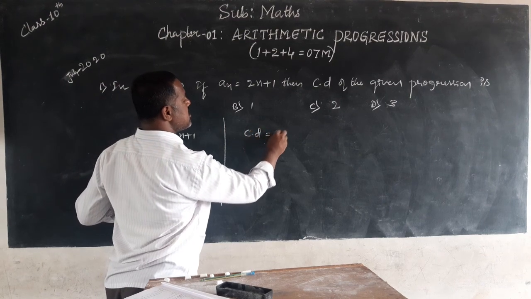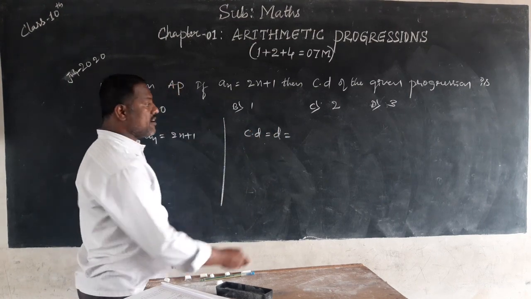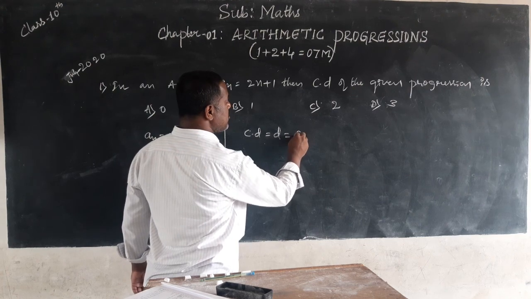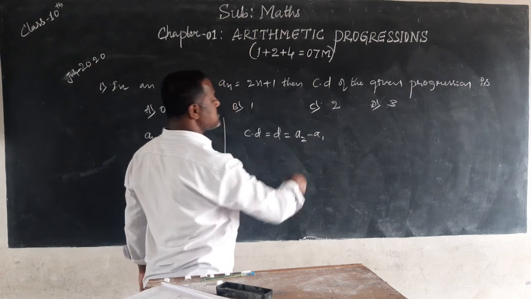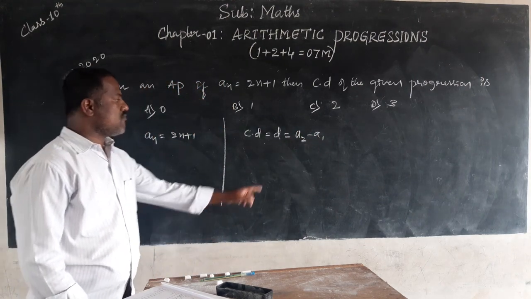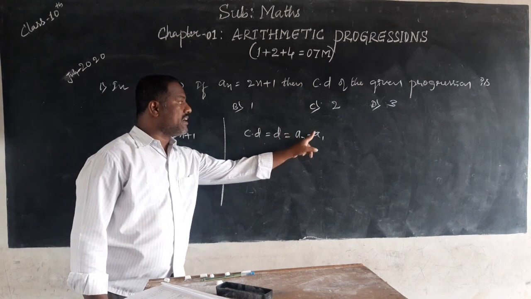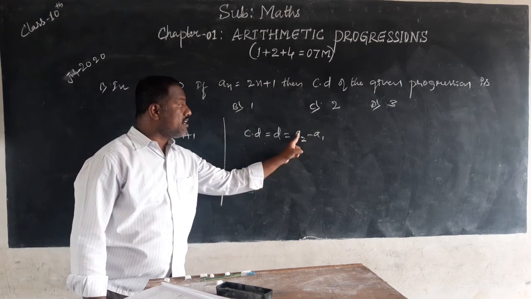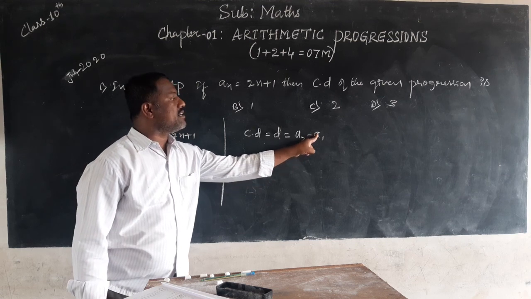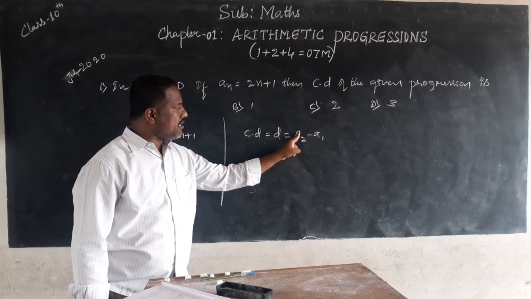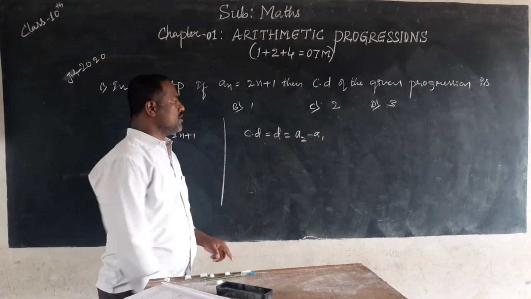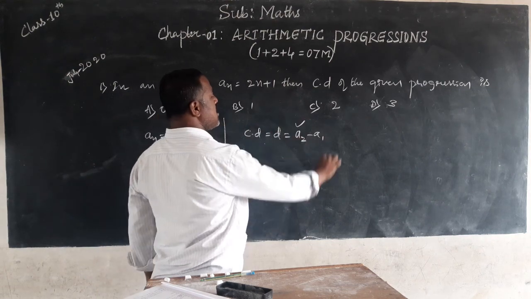CD formula is D. What is the formula for D? T2 is nothing but A2 minus A1. The formula for D is A2 minus A1, which is also called T2 minus T1. Second term minus first term.